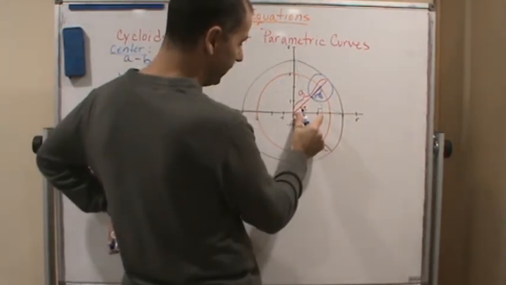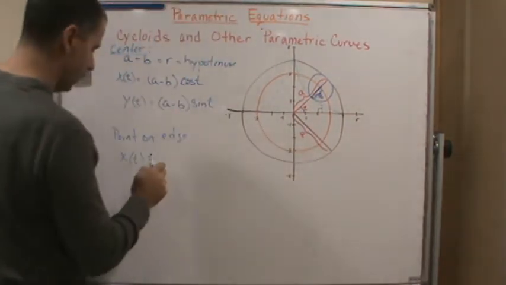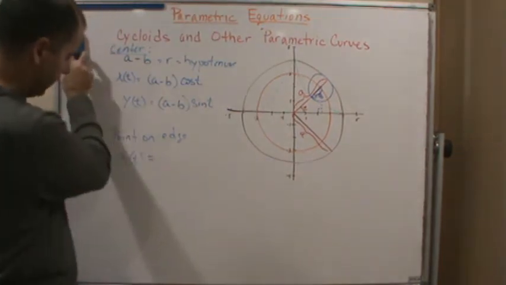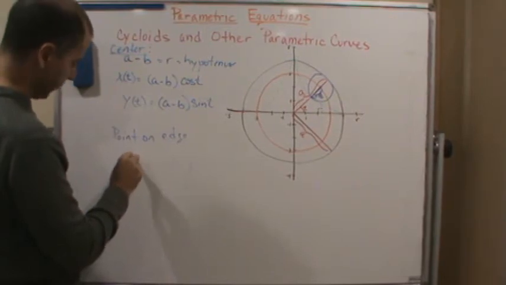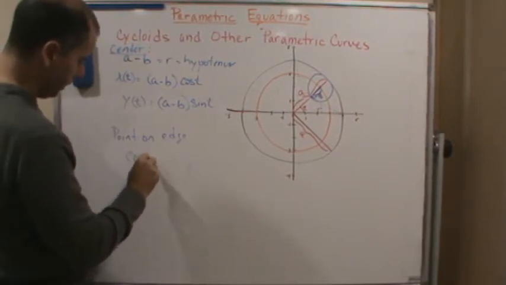We end up getting, let me write it this way, cosine of what?